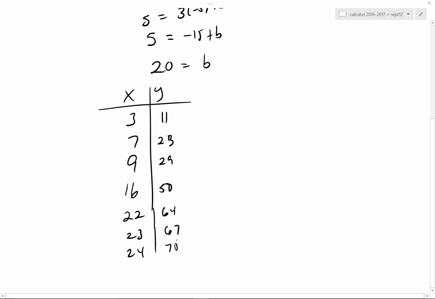Okay, so the question is, is this linear or not? Down here it's pretty obvious we're adding 3. When we go up 3, we're going over 1. Up 3 over 1. That's great.